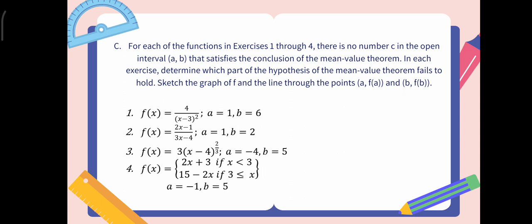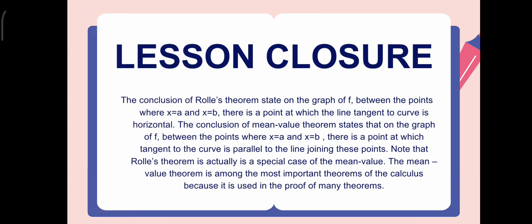And let us conclude everything. Lesson closure. I've already told you this one also. Rolle's theorem says there is at least one point at which the tangent line to the curve is horizontal. And the mean value theorem states that there is a point at which the tangent to the curve is parallel to the line joining these points, which is the second line.